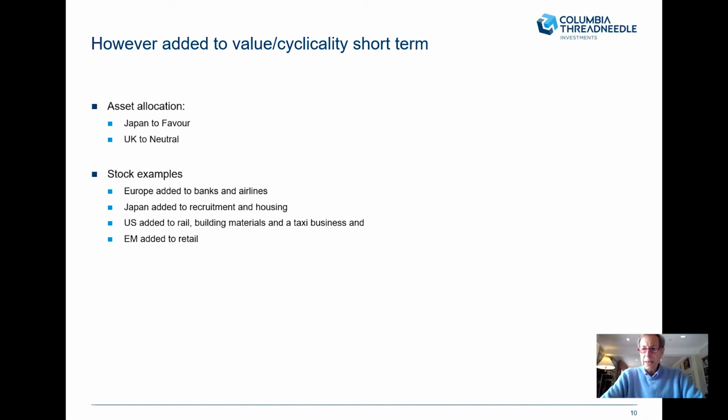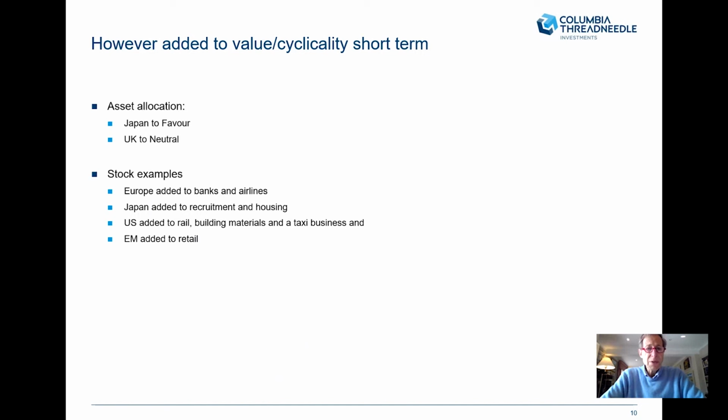And the UK, likewise, I mentioned we've increased up from dislike to neutral, because it is a cyclical economy, and given our position on vaccine rollout and so on, and the huge pent-up demand from consumers to get out there and spend, we think that it will perform better in the short term.